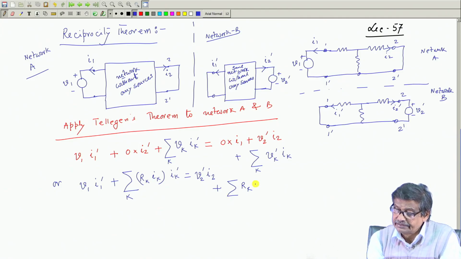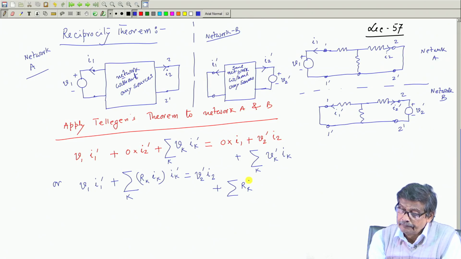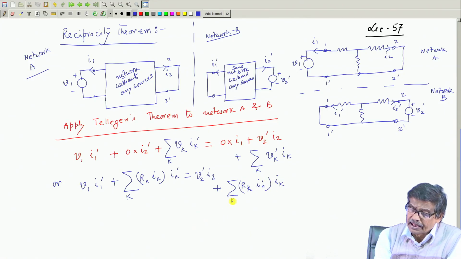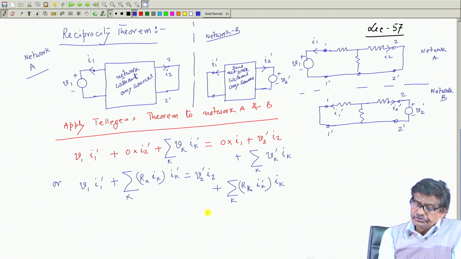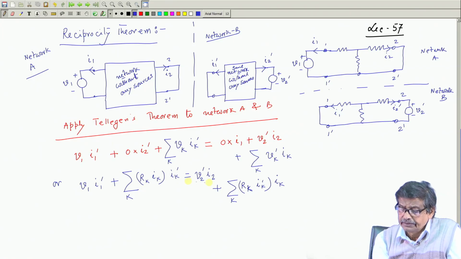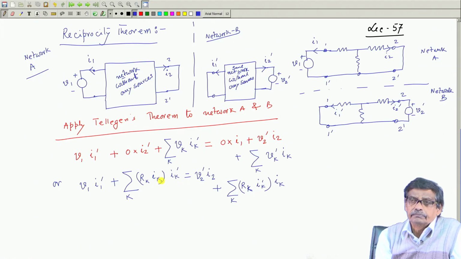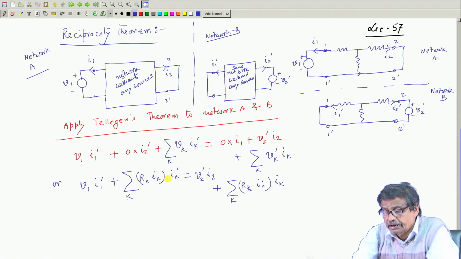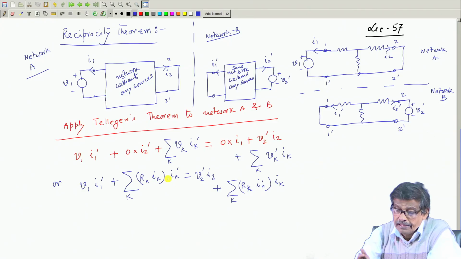So, inside it is same. So, R k, same R k into I k dashed and into I k summed over same k. These 2 terms, if you see there, they are same, R k into I k dashed, this is also R k into I k dashed into I k, they are same.